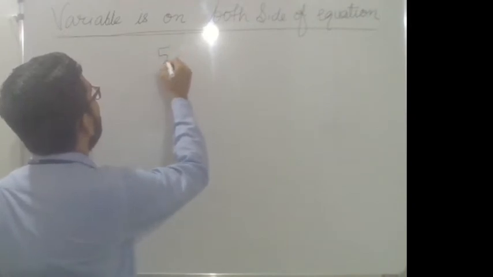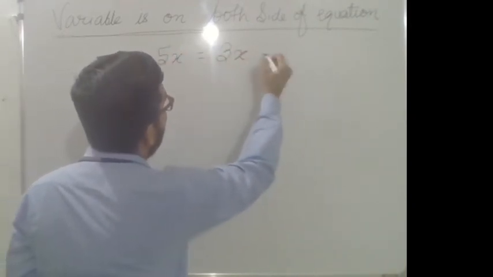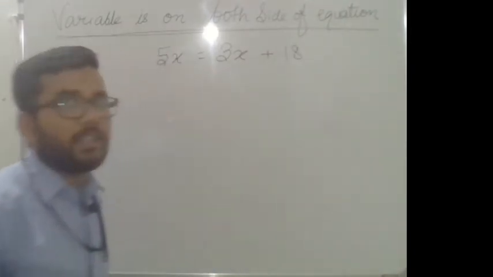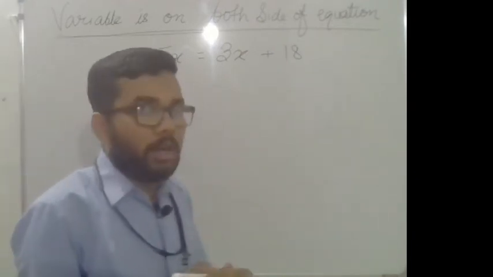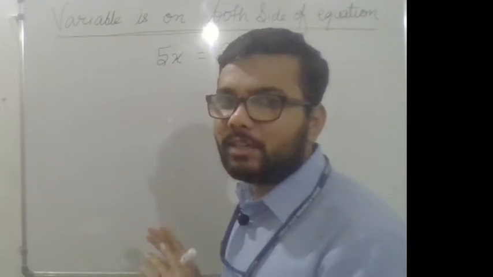Example number 1. Suppose 5x is equal to 3x plus 18. How will we solve this when variables occur on both sides?